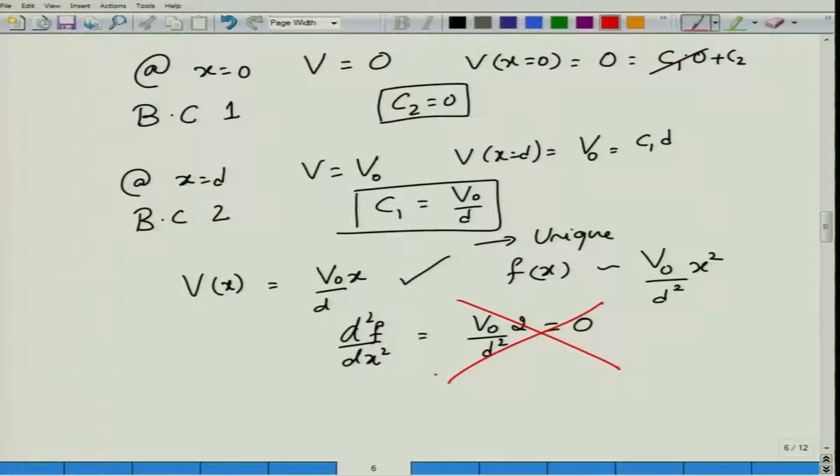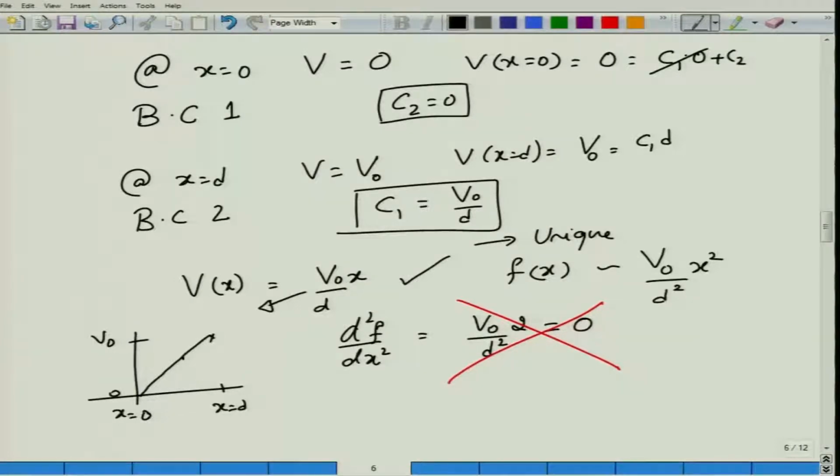So in this case, if this is x equal to 0 and this is x equal to d, the potential at x equal to d happens to be V0, and the potential at x equal to 0 is 0. The solution in between has to be linearly varying, because this is the true solution, V0 by d into x.